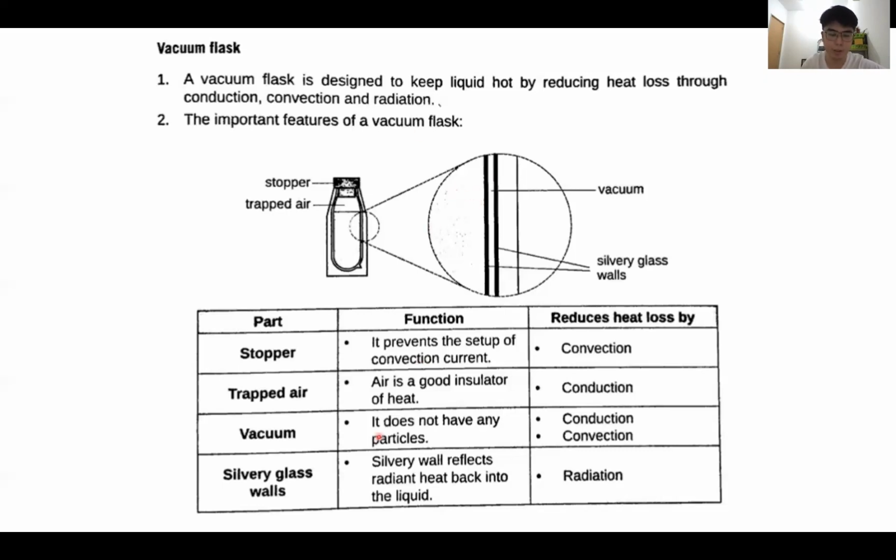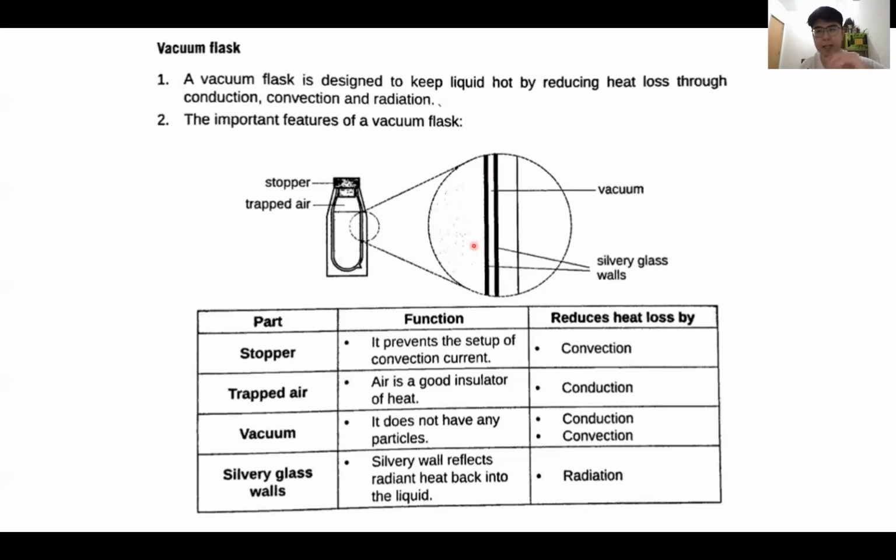Okay, how does it work? Because the middle is vacuum, only radiation can get through. Convection and conduction are not possible. It's not possible for heat to cross the bridge from one wall to the second one because the middle is vacuum.